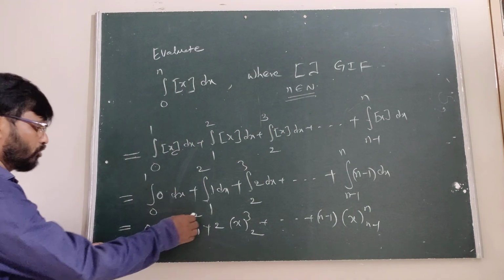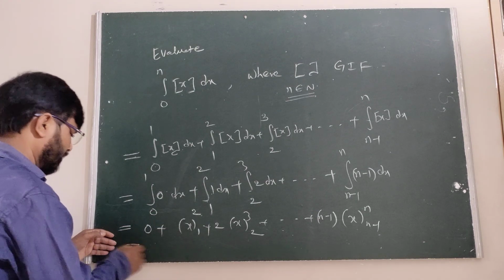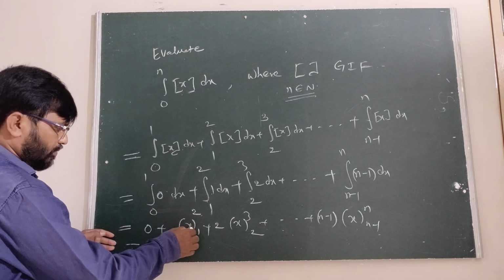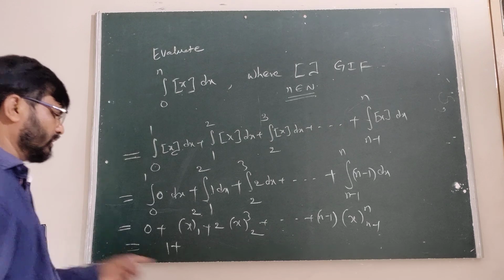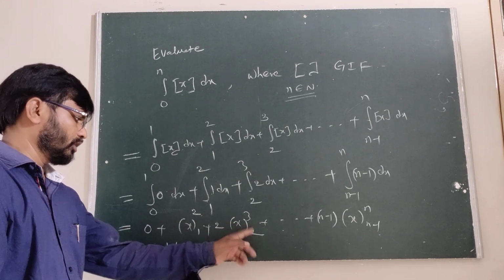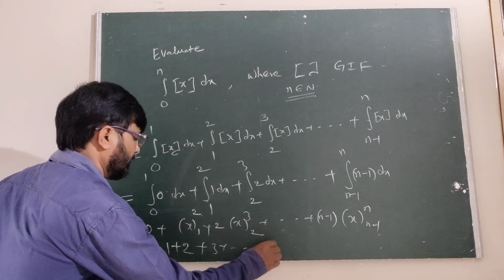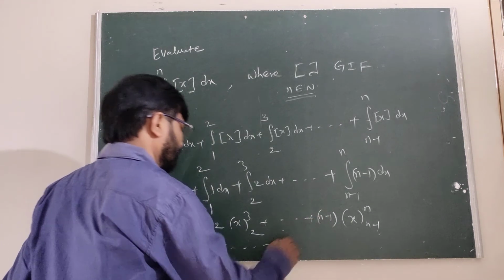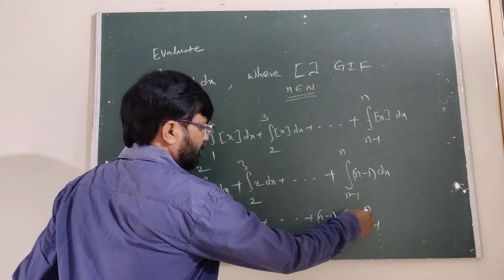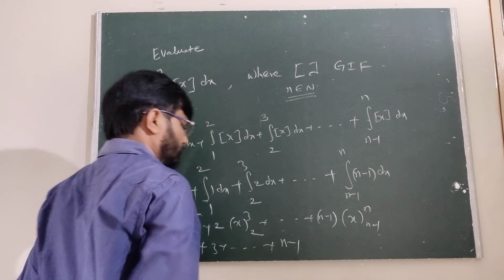Now 2 minus 1 is 1. The upper limit is 2 and the lower limit is subtracted, so 2 minus 1 is 1. Here 3 minus 2 is 1, and so on. After that 3 and so on up to n minus 1, since the n terms cancel.